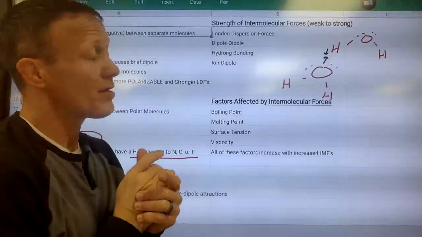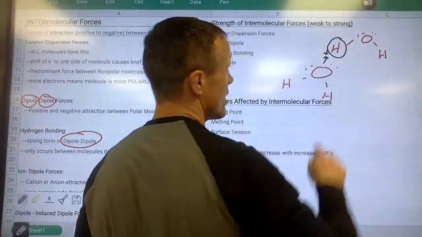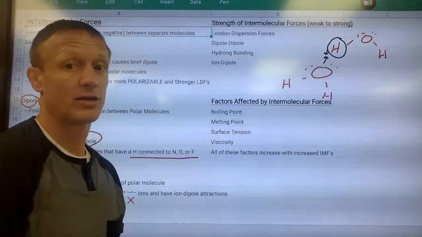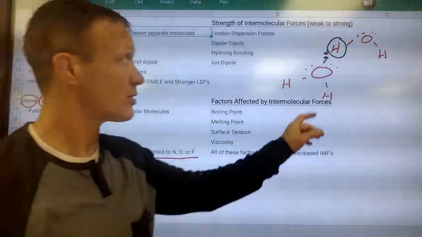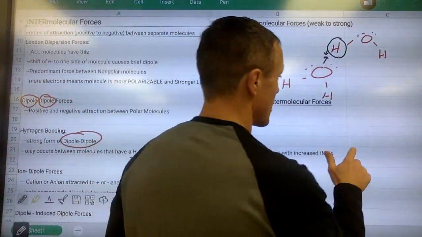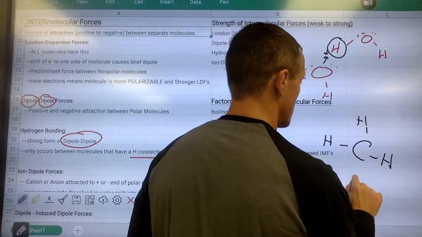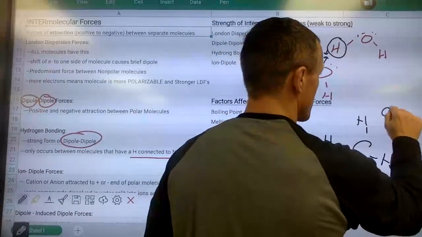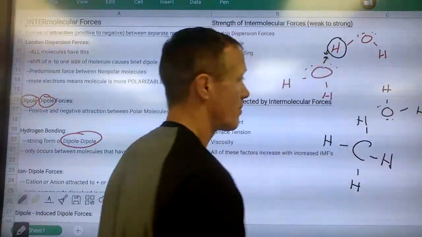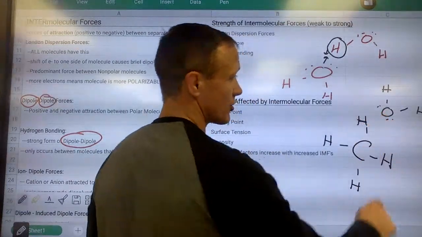Here's the thing though. The hydrogen involved in hydrogen bonding has to be bonded to nitrogen, oxygen, or fluorine and attracted to nitrogen, oxygen, or fluorine. So this hydrogen has to be bonded to NOF and attracted to NOF. So if we had like this molecule and an oxygen off of water over here, there would be no hydrogen bonding between this hydrogen and this oxygen.